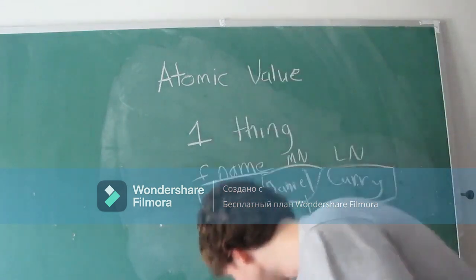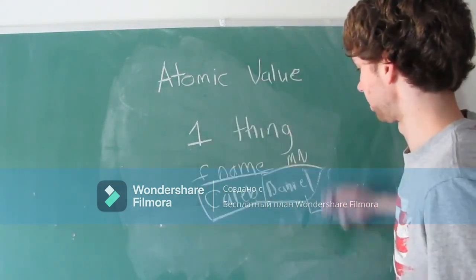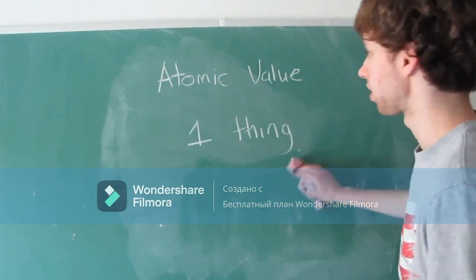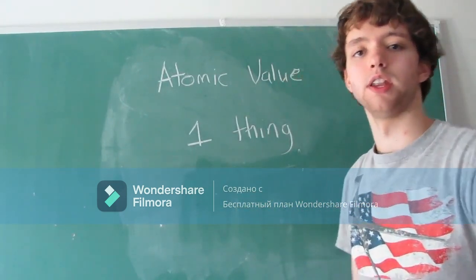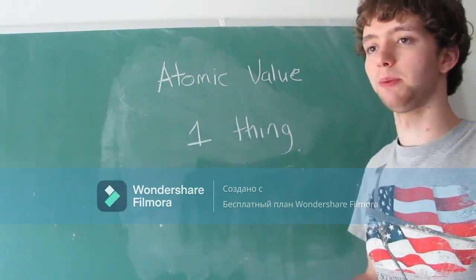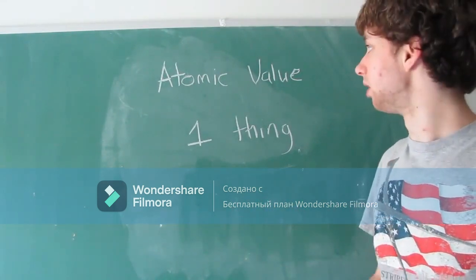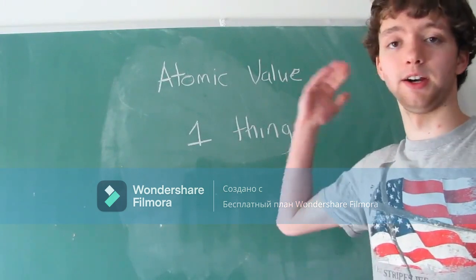Alright, so when we do store things in a database, we want to try to make them atomic. Now, we don't want to go to the extreme where we break everything apart to where it doesn't even make any sense. But just think of like atom.